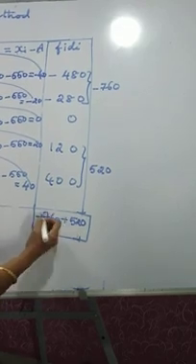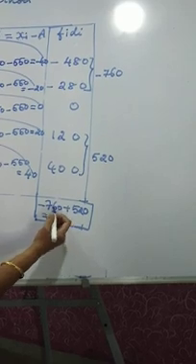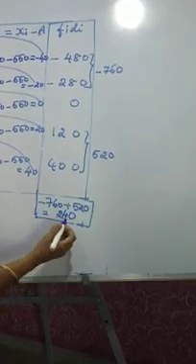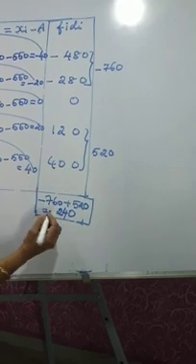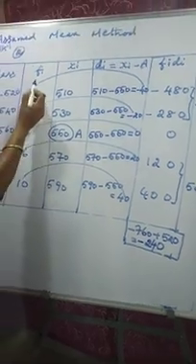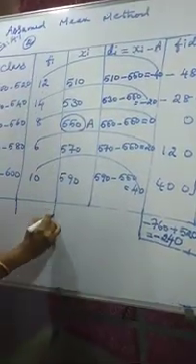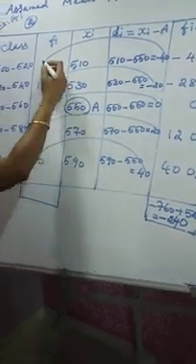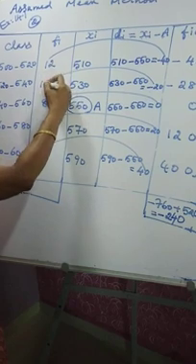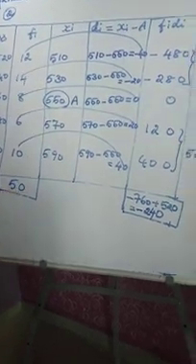Because of different signs, minus and plus, we have to carry out subtraction. The subtraction gives 240. Greater number has minus sign, therefore the result becomes minus here. We have to find out total of frequency column also. The total frequency is 26, 34, 40, 50 here.